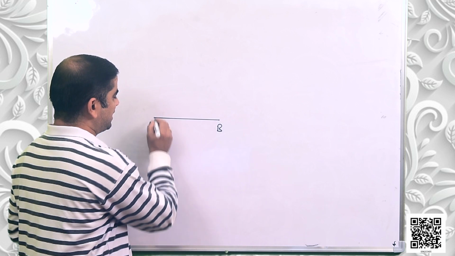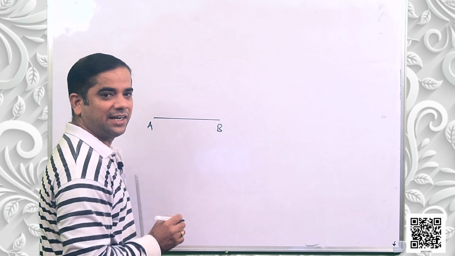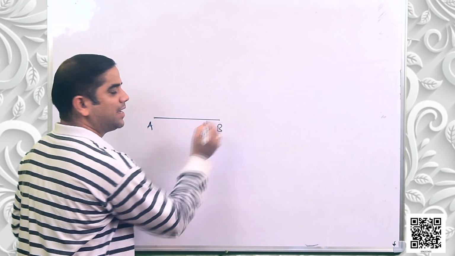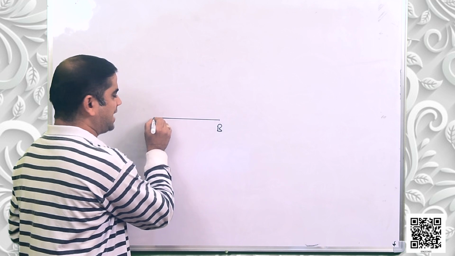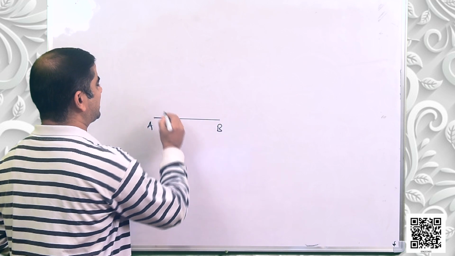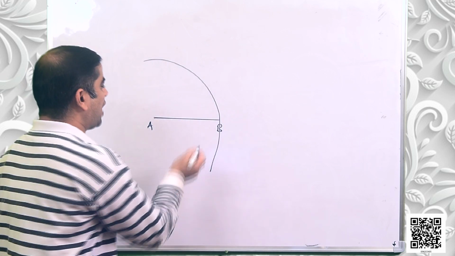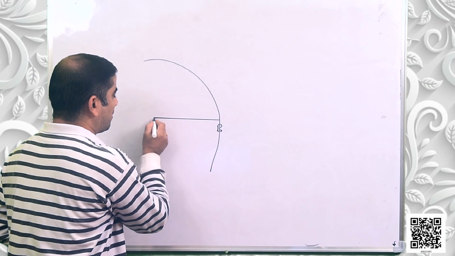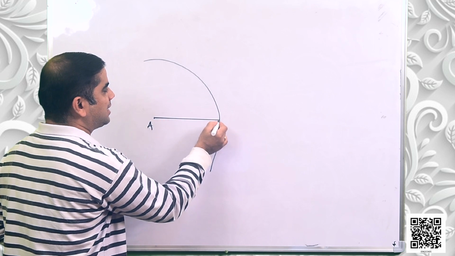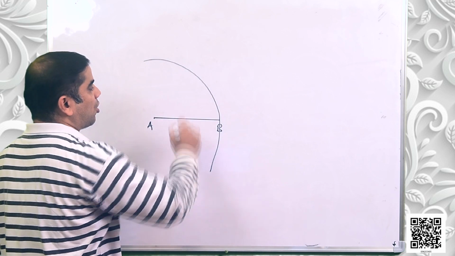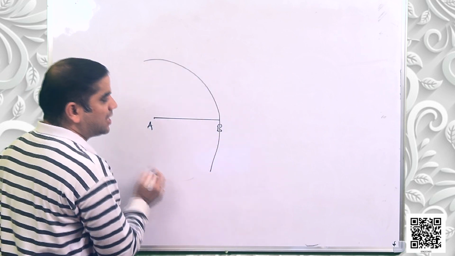How? See, if I take A as the center, AB will be the radius, isn't it? If A is the center and AB is the radius, I can construct a circle like this, going from A to B, anti-clockwise or clockwise.